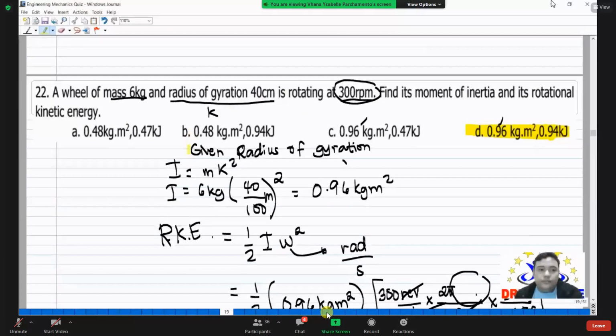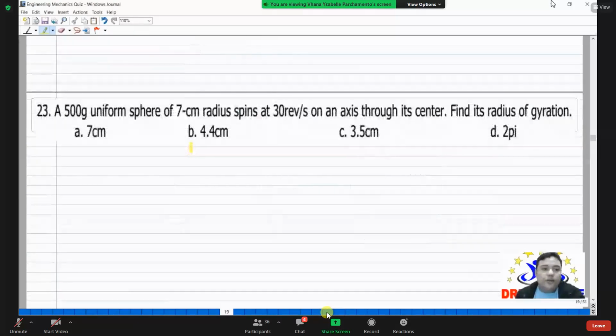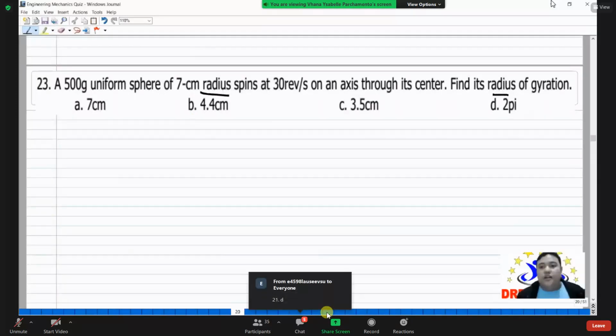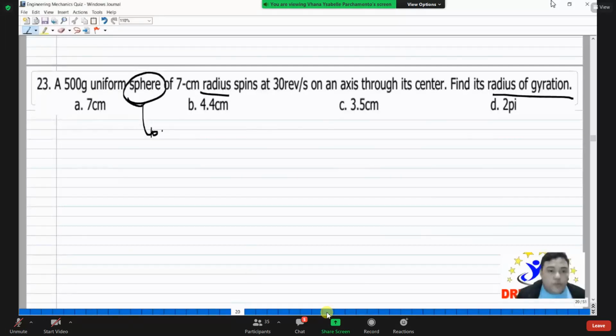Okay. So let's have number 23. Ito pa yung pinagkaiba ng radius, actual radius and the radius of gyration. So kapag actual radius kasi yung gagamitin natin sa moment of inertia, may kanya-kanya tayong formula. Like for the sphere, ang mass moment of inertia niyan is equal to I is equal to 2/5 mass times the radius of the sphere squared.